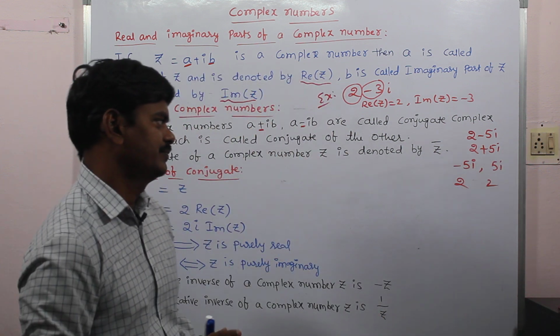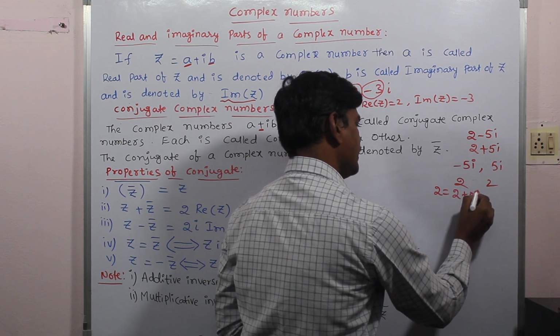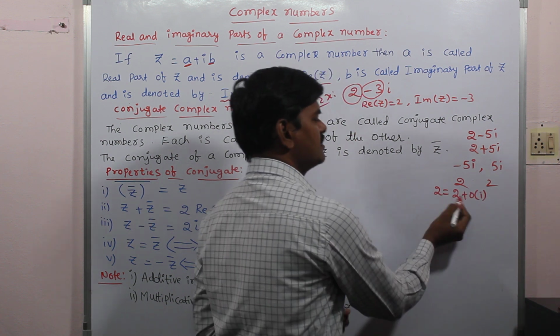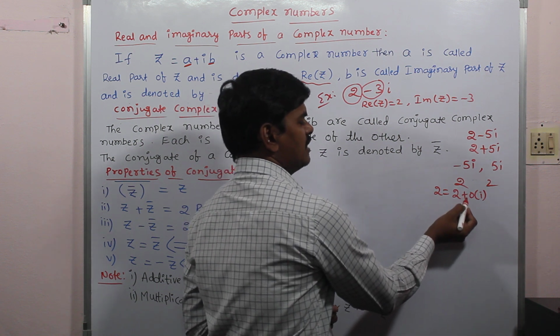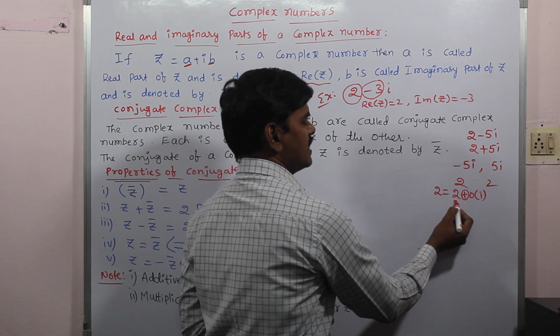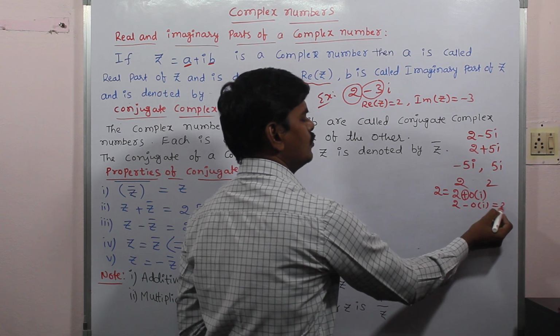Don't say -2, because 2 is nothing but 2 + 0i. Conjugate means just change the sign, so you get 2 - 0i, which is 2 only.